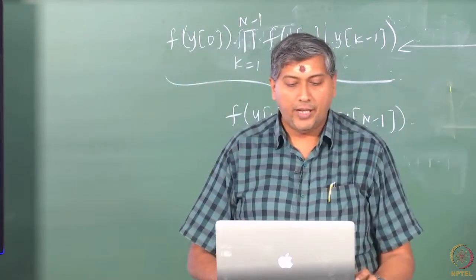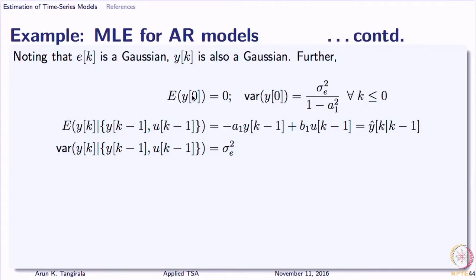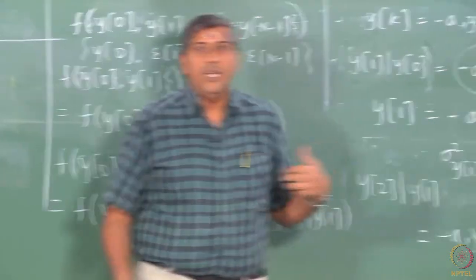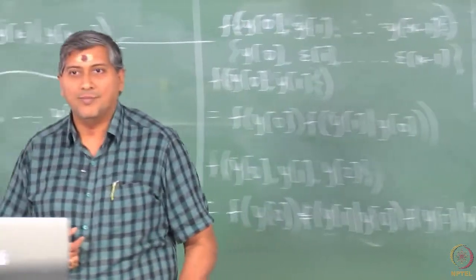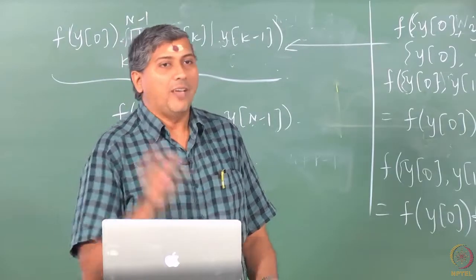To construct the unconditional PDF, I know it is Gaussian because the process is linear. I know the mean is 0 and I know the variance is this. For the conditional PDF, what is the distribution of y1 given y0? It's Gaussian. The only difference is the mean is not 0. What is the mean? Minus a1 y0.